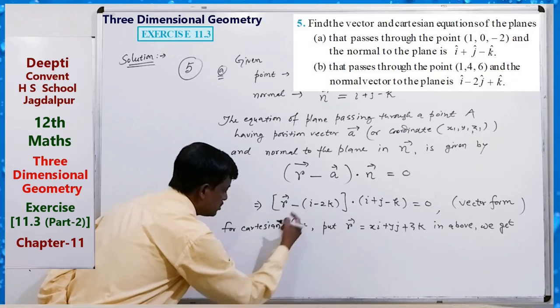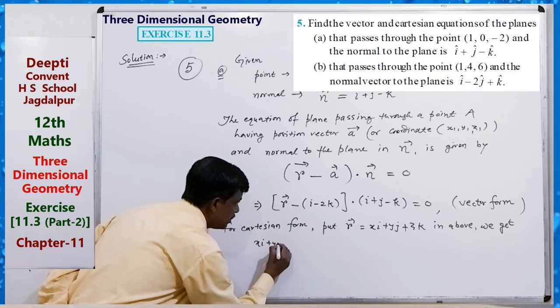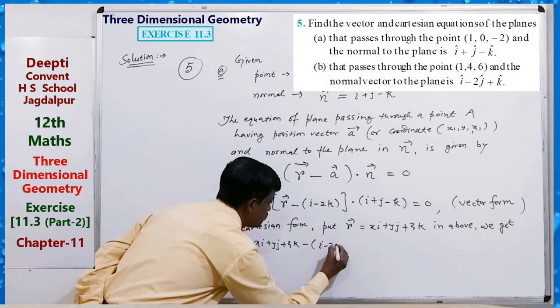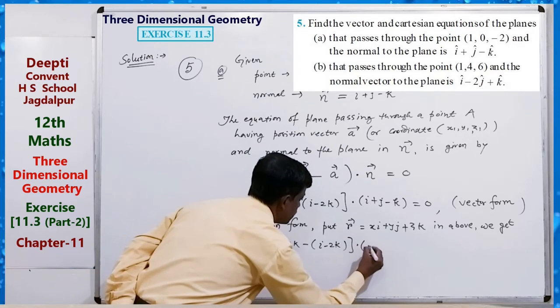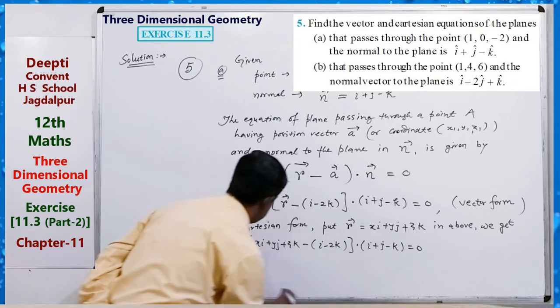So here (xi plus yj plus zk minus I minus 2k) dot (I plus j minus k) equals 0.